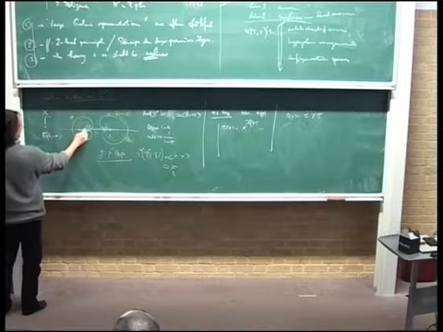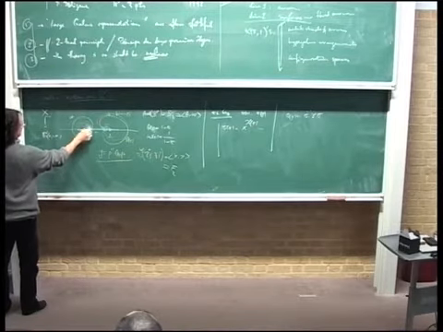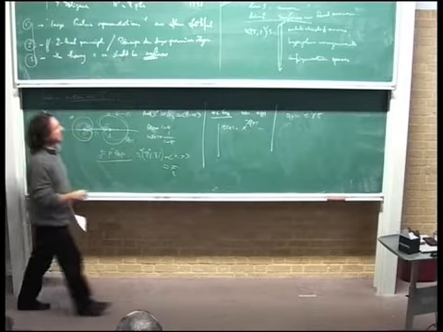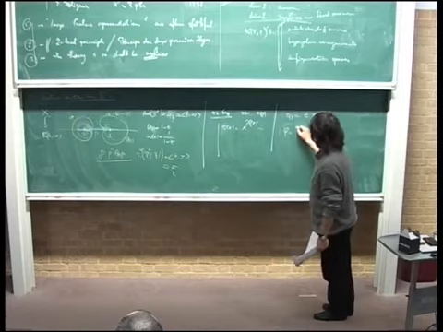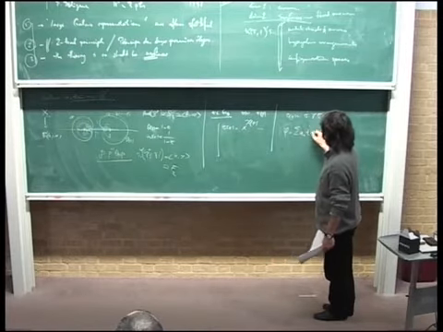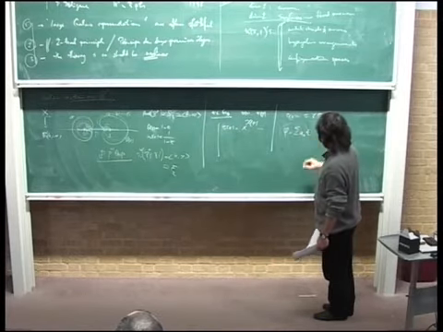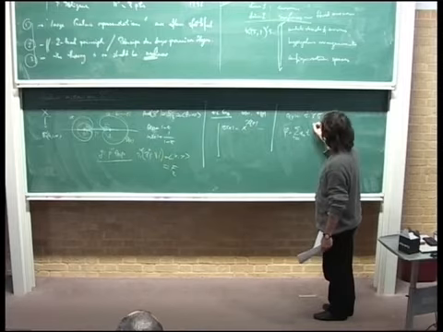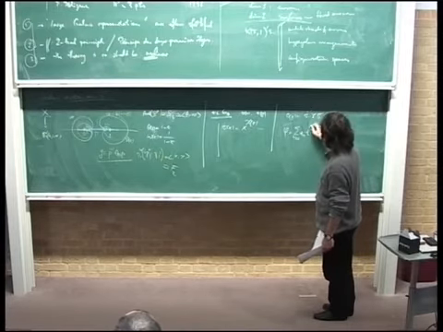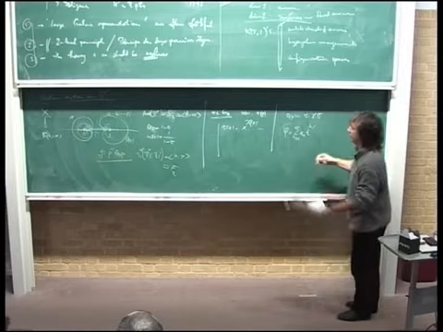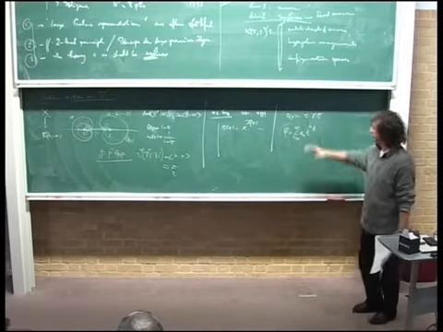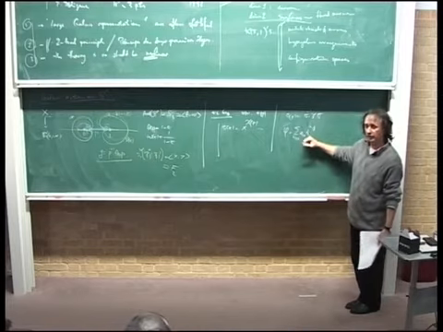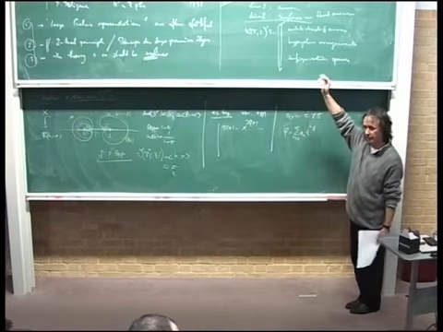Take a germ of function, okay? Then call it phi, and the germ will be a Puiseux series, let's say the covering has degree whatever.